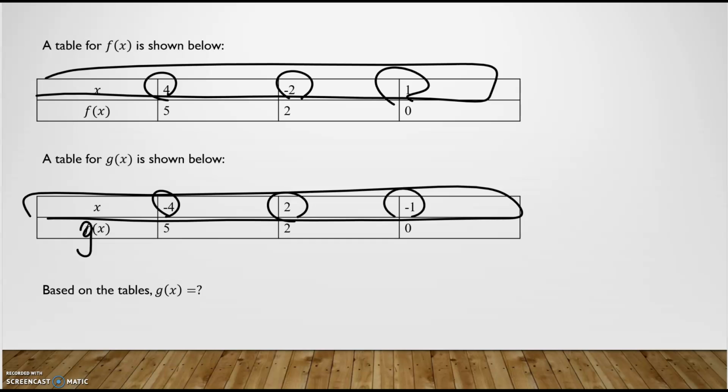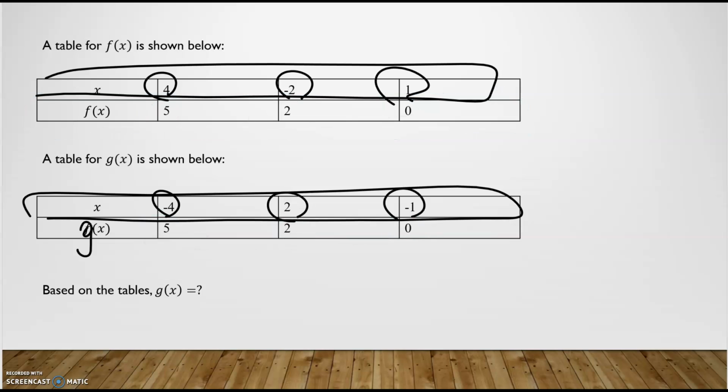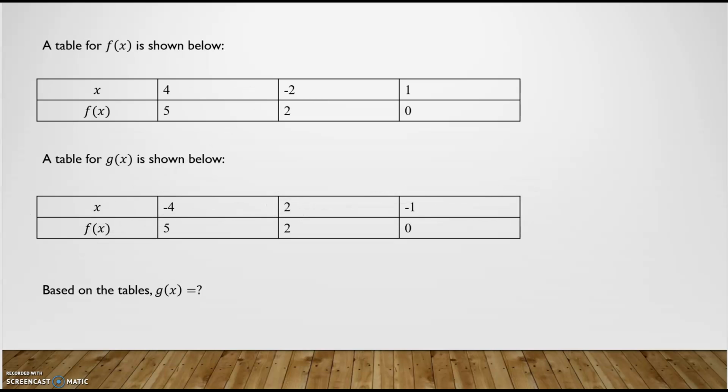I have a 1, and then a negative 1. Okay, now let me look at the y values real quick, see if anything's changed there. 5 and then a 5, 2 and then a 2, 0 and then a 0. Okay, so there's no change with the y's, but there is a change with the x values. All of them go from being positive to being negative.